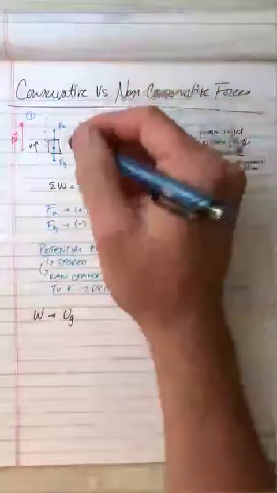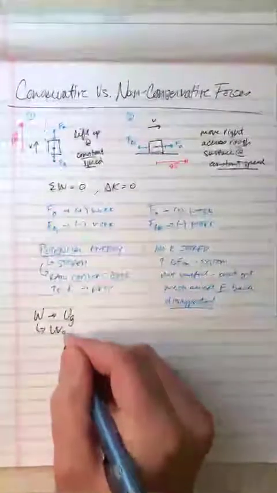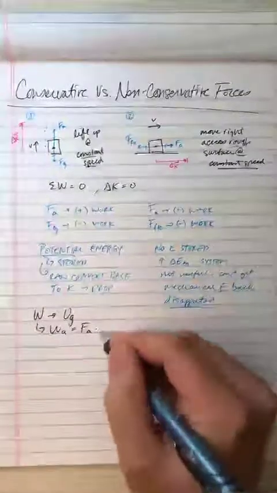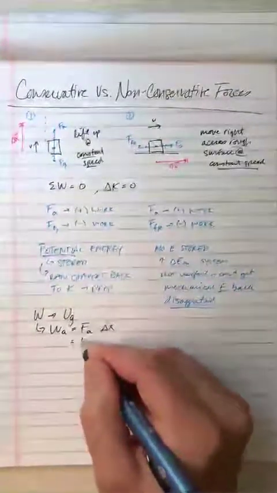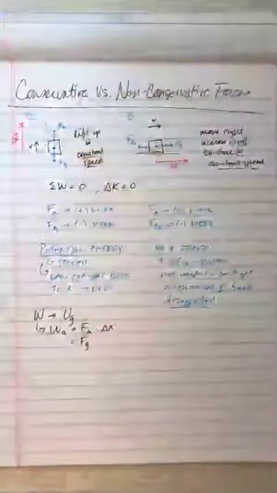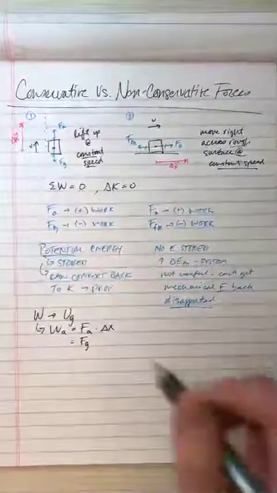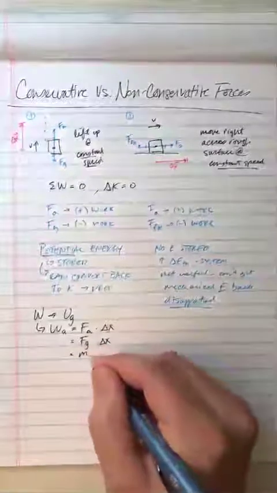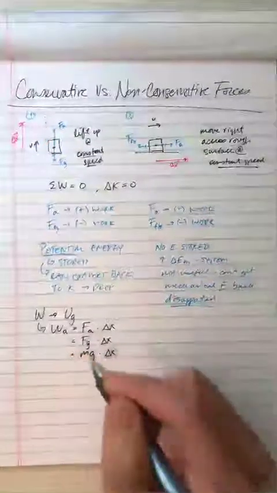So if we look at this idea that the work done by the applied force has to be equal to FA times delta X, well, FA has to be equal and opposite to the weight of the object. Now, this is to not change the kinetic energy at all, just to lift it at a constant speed, the minimum force required. So, well, we know that Fg is just mg times delta X.